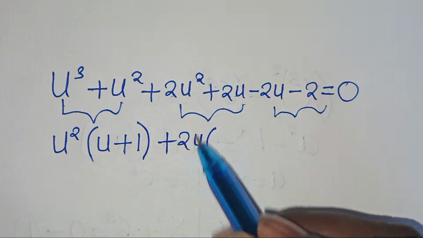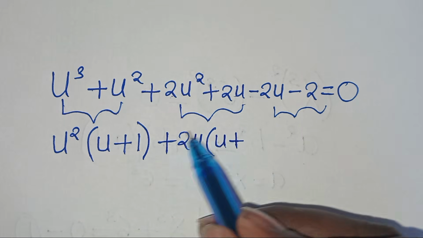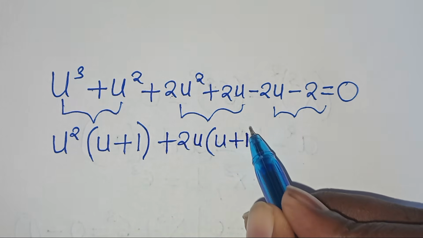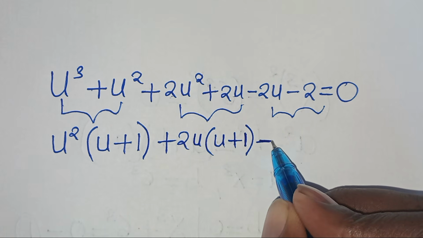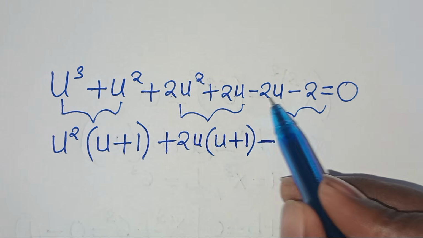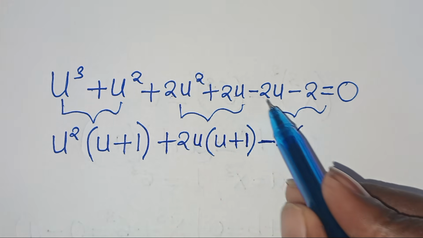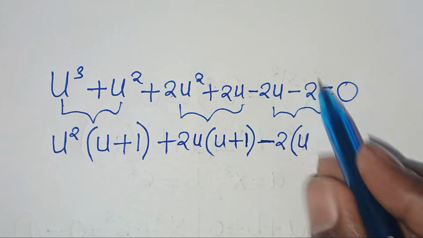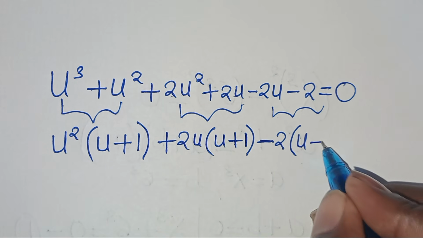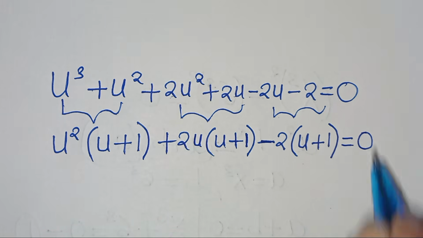So 2u squared divided by 2u is u, plus 2u divided by 2u is 1. So we close the parenthesis there. Then now we have subtract. Here 2 is common, we factor out 2. Then we have 2u divided by 2, this is u, then minus 2 divided by minus 2 becomes plus 1, close the parentheses, this is equal to 0.